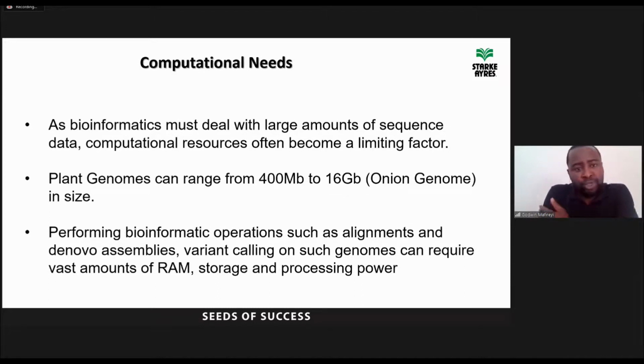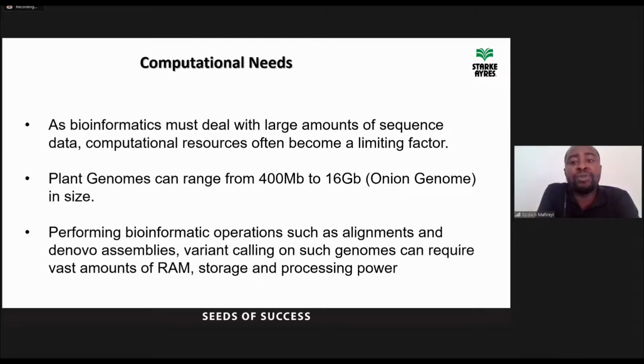So as we might all know, bioinformatics or genomics in general deals with a large amount of data. So there are different companies such as Illumina, Incaba, biosequencing that develop and produce large amounts of sequence data.